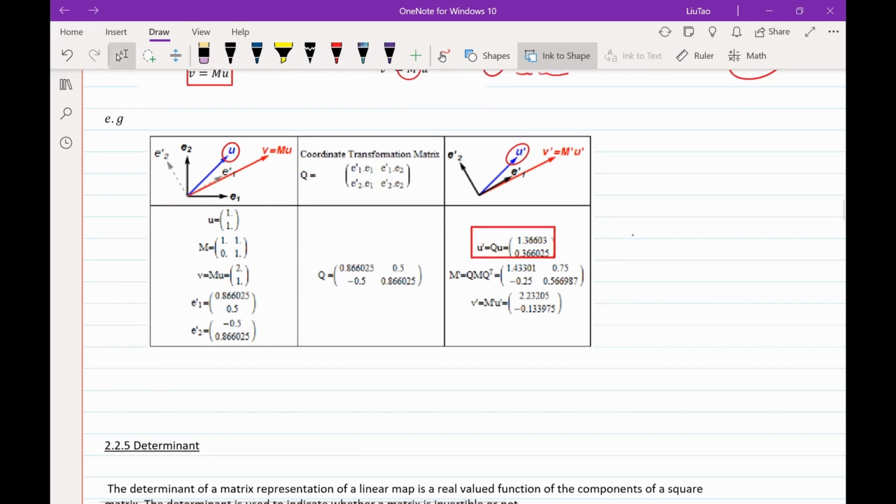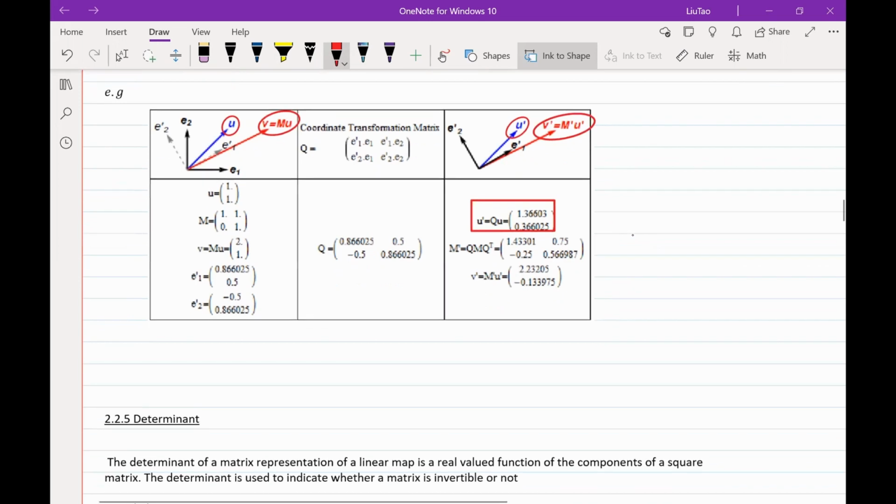And if we are not going to change the basis and we add another vector V, V is equal to MU. If we denote the red vector in the second basis set as V prime, V prime is equal to M prime times U prime.